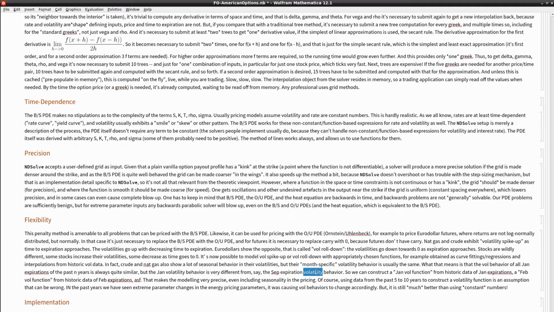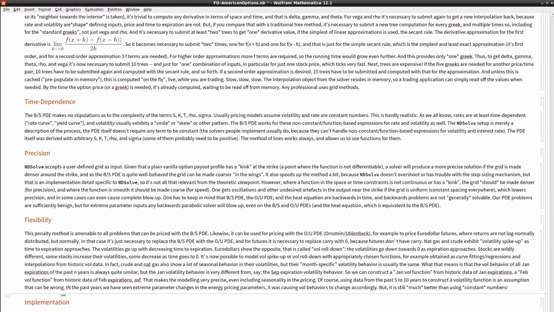But that means you have a lot of time-dependent and seasonality-based factors in your volatility pricing, in your volatility function. So, with this pricing method that I'm showing here, it makes the modeling very precise. We can even include seasonality in our pricing.